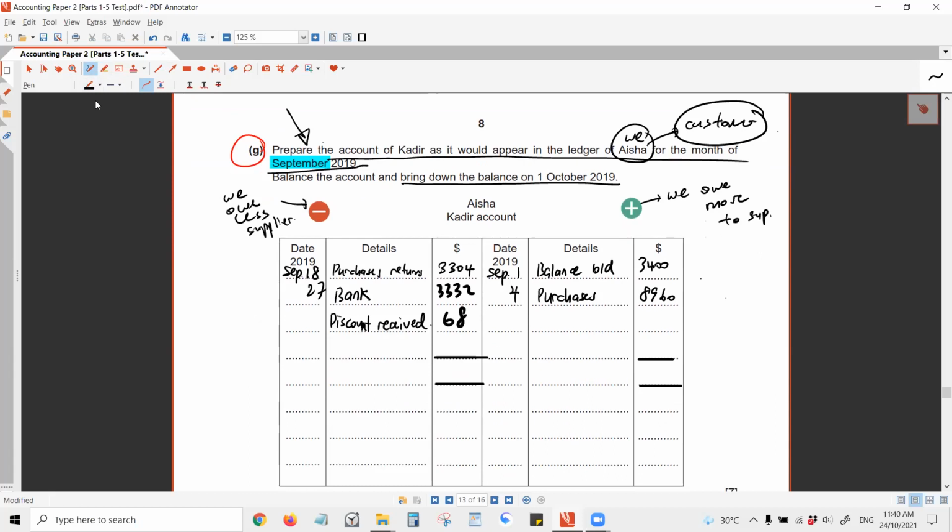Total up the credit side: 12360. The balance is 5656. That means we still owe Cardeal 5656.